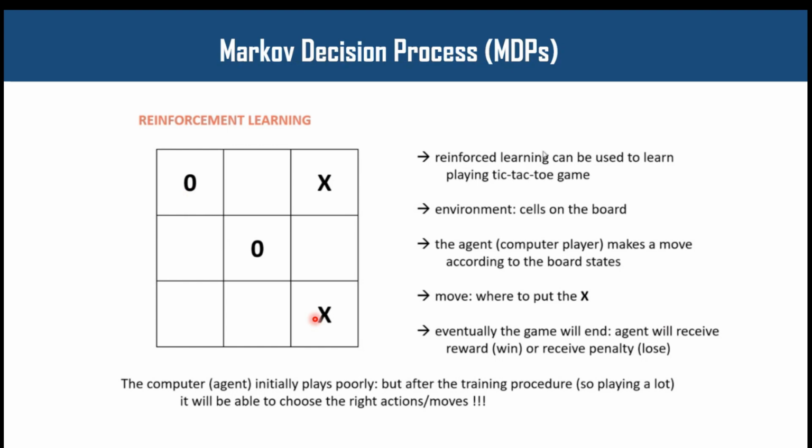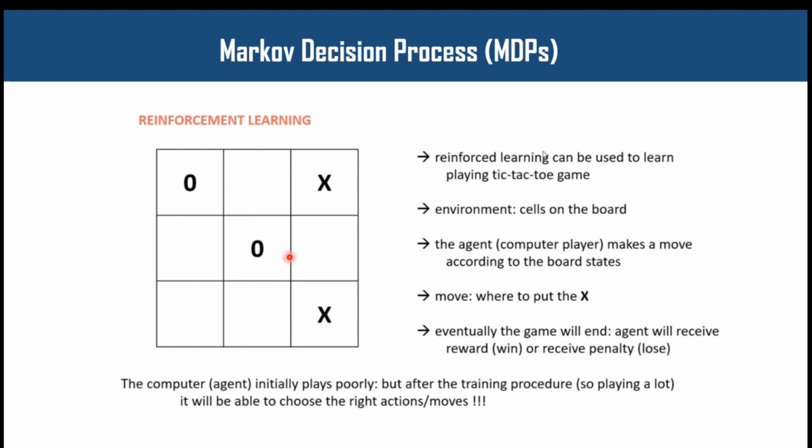Maybe the agent puts all three in this diagonal, or in a horizontal or vertical line. If it places all three tickers, then the agent will win. Once the agent wins, we will give a reward. If the agent loses, agent means the computer, because we are going to play with the computer, right?